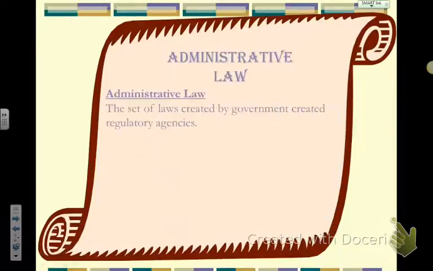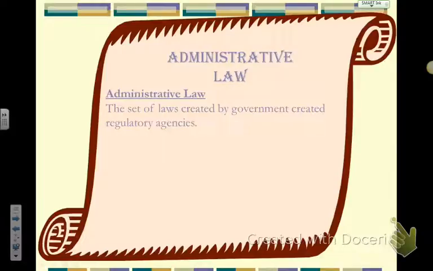And then lastly, administrative law is the area of law that's relating to regulatory agencies. So what's a regulatory agency? A regulatory agency is an agency of the government that's created for a specific purpose. So like the Department of Environmental Conservation. The government created a branch or an agency that regulates how things relate to the environment.